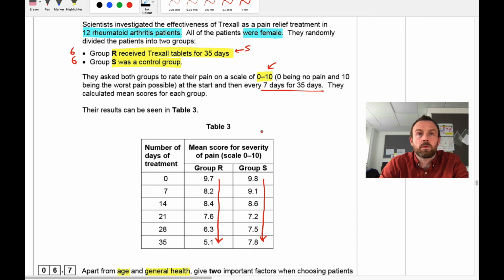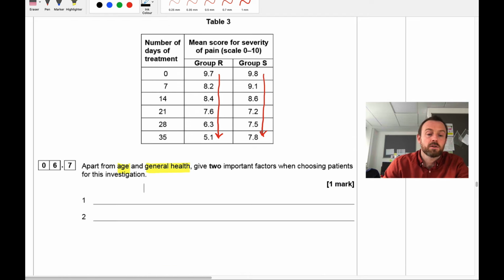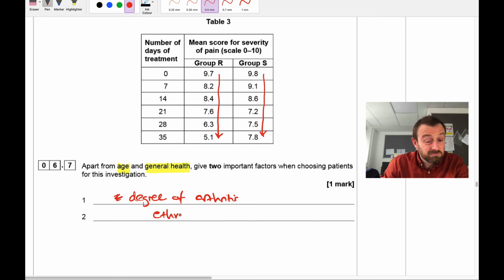What else? When we're looking at patient studies, we're thinking about age, sex, ethnicity. Ethnicity is one. So let's do that. Okay, so type or degree of arthritis and ethnicity. What else? Are there different types of arthritis?